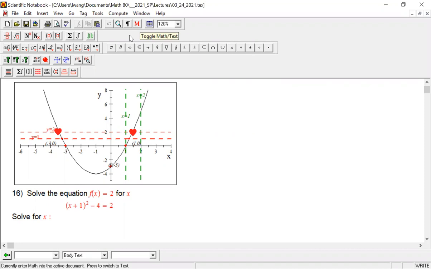Remember Alpha 11, in those sections we've done that. We're going to add 4 on both sides, and that equals 6. And we're going to take the square root on both sides.